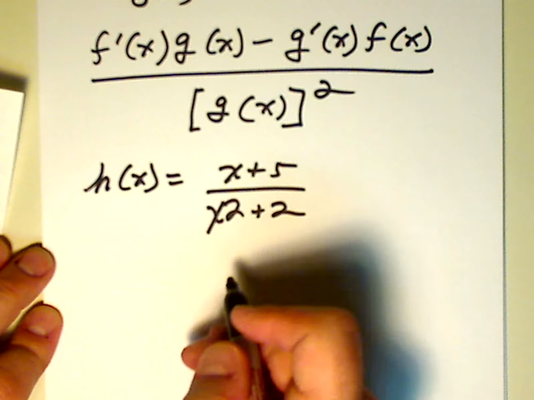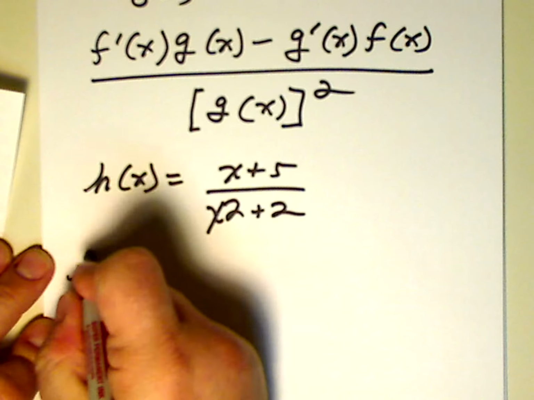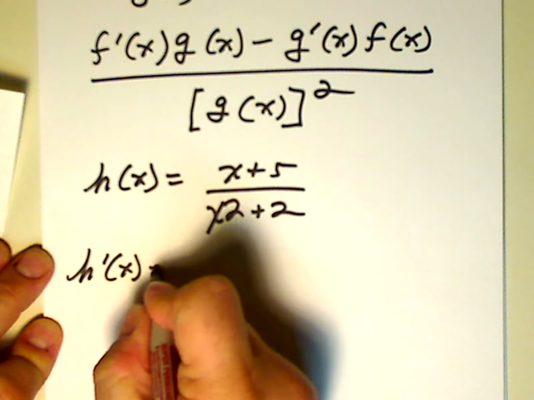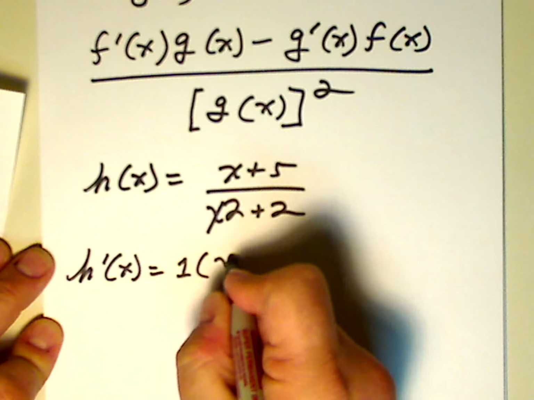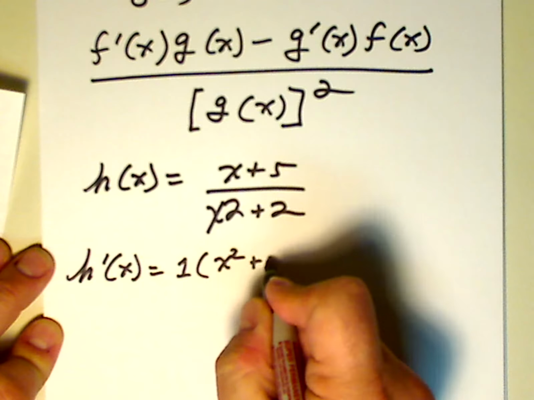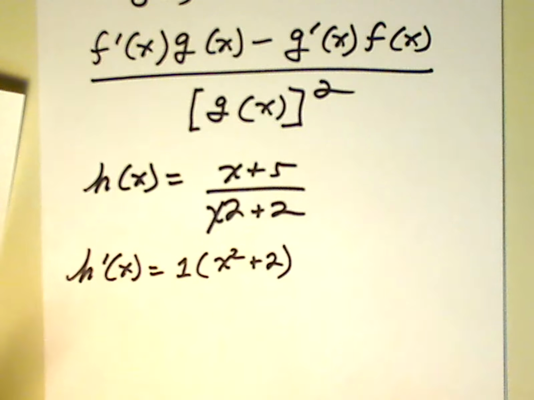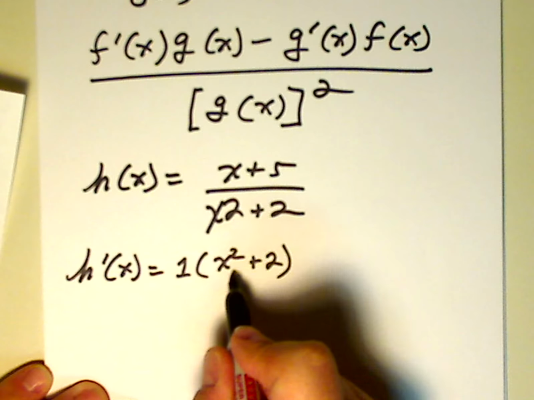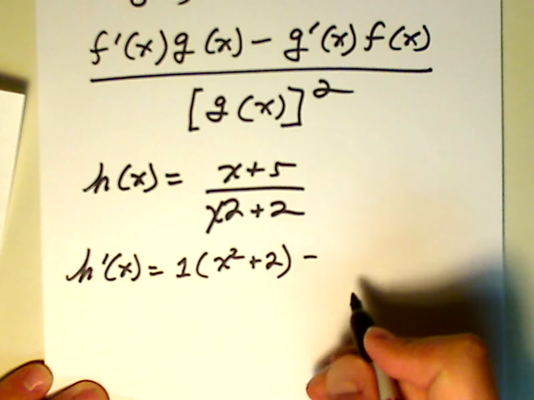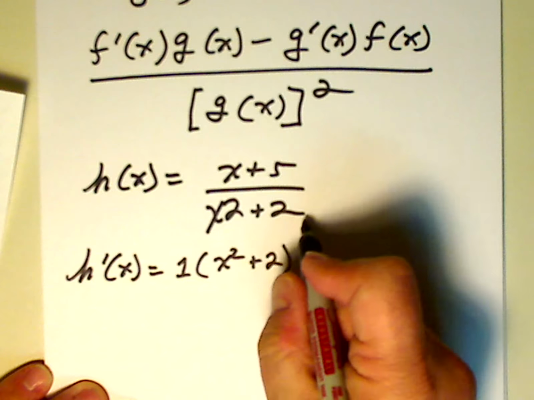Okay, so we're going to take the derivative of the numerator, which is 1, times the denominator, which is x squared plus 2, minus the derivative of the denominator.